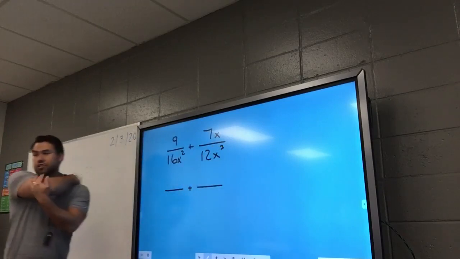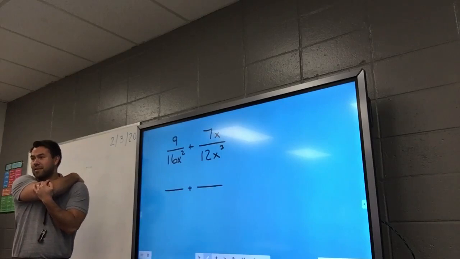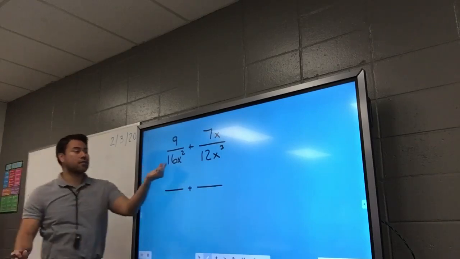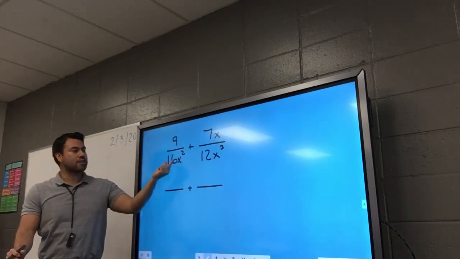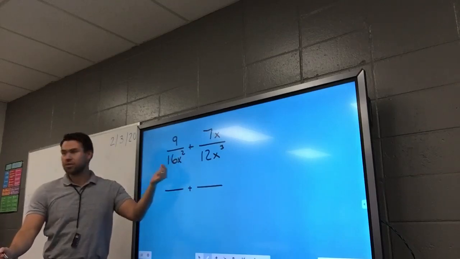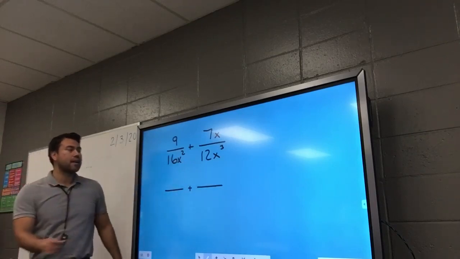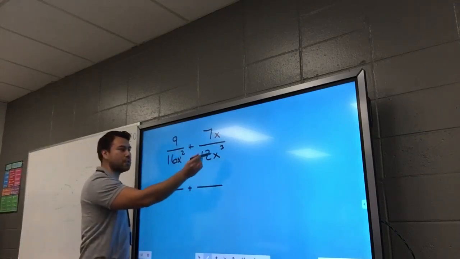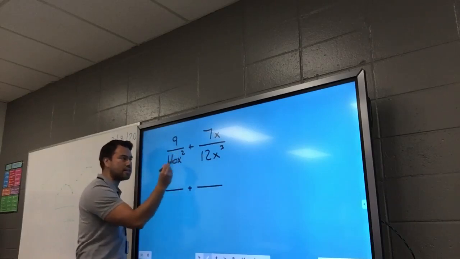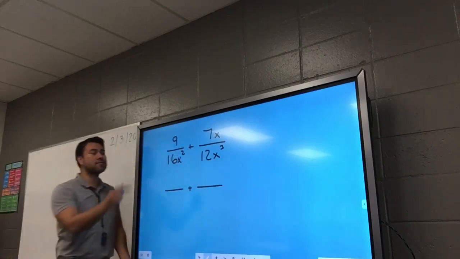We asked, could you factor the bottom? Okay, yeah, you could: 4 times 4 times x times x, or 2 times 2 times 2 times x. But when you have just numbers and variables being multiplied together, no adding or subtracting, you're pretty much factored.